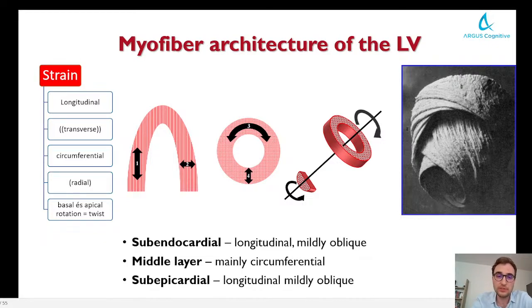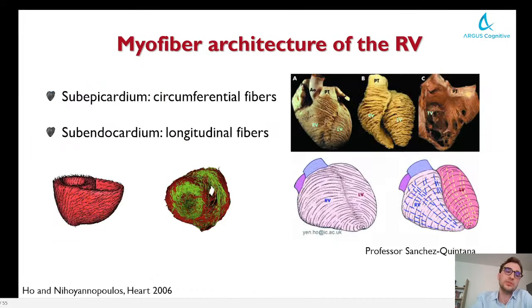And the assessment of different deformation directions can give us further information about the actual mechanics of the chamber. We can also implement this method for the assessment of the right ventricle.